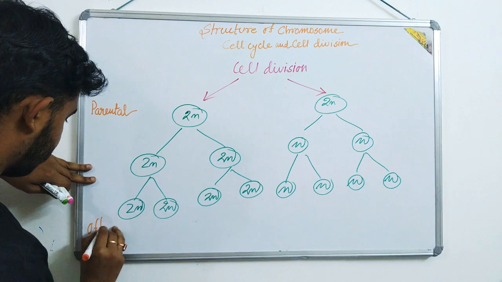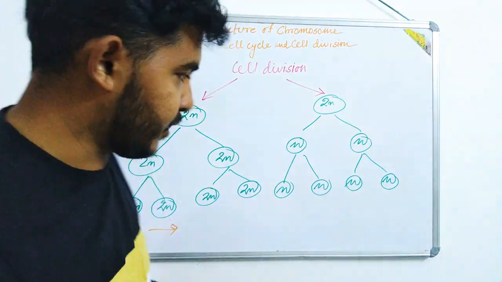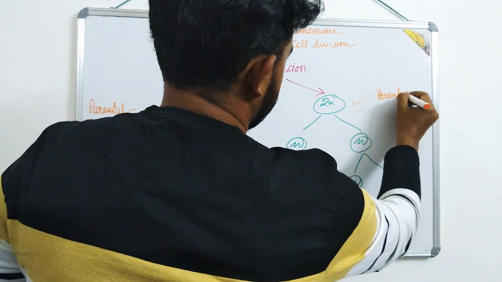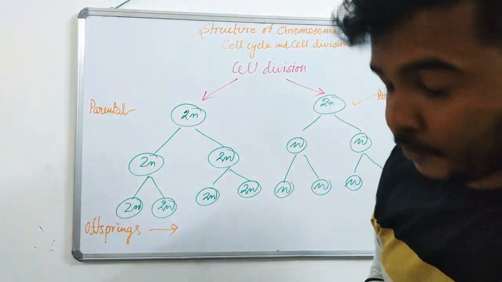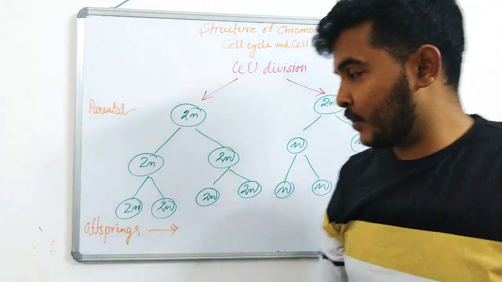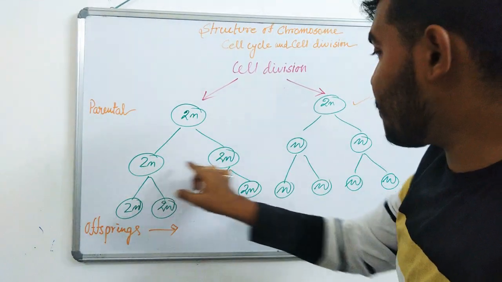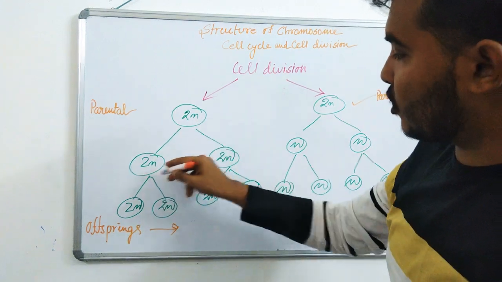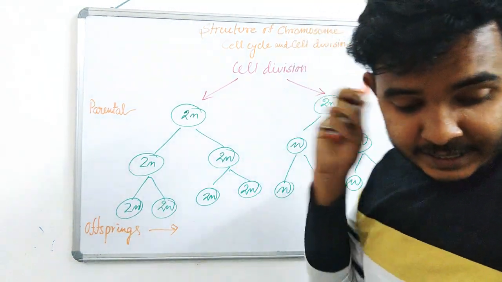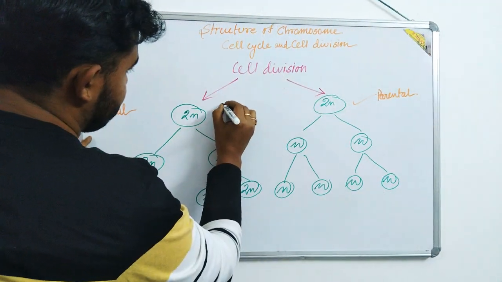Offspring means the newborn, the new cells. This is parental. This is also parental. So look what happened. Very quickly we have to go through it. The number of chromosomes in the mother cell, the parental cell, was 12. Now look, in two divisions the number of chromosomes stays the same. It was 2n, there is also 2n, and it's just the same. So the number of chromosomes is the same as I have said in the last writings. So you can tell that it is mitosis.